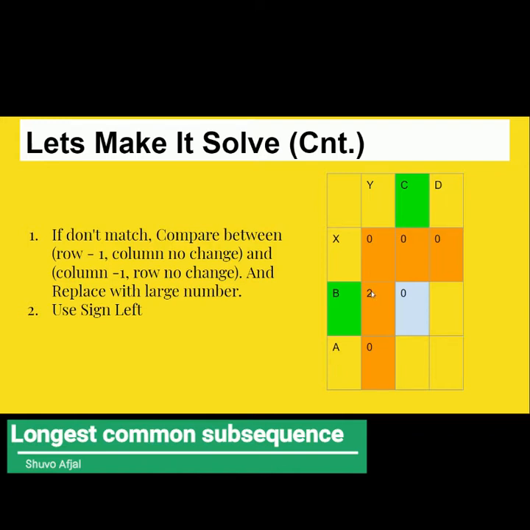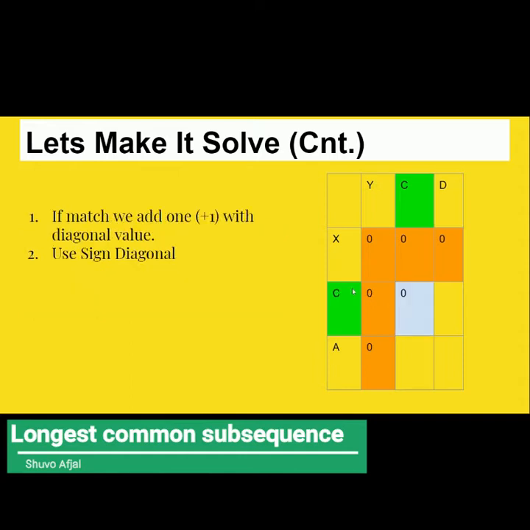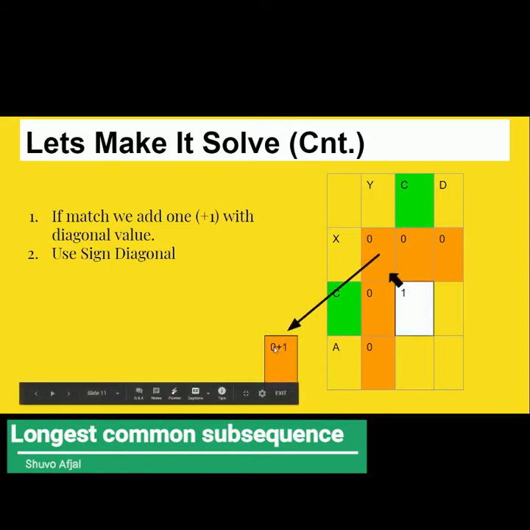Obviously 2 is the larger number, so we replace with 2 and use the left side because this value comes from here. And see the next step: if they match, we add 1 with the diagonal value. C and C match, so we add +1 here with the diagonal value 0. 0 +1, so this value will be 1.